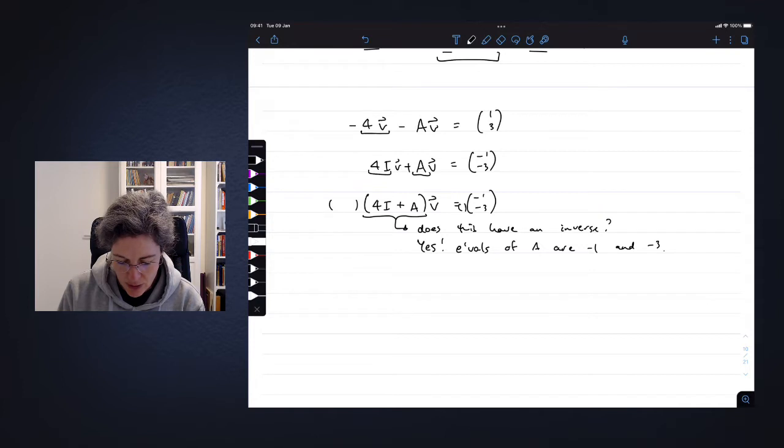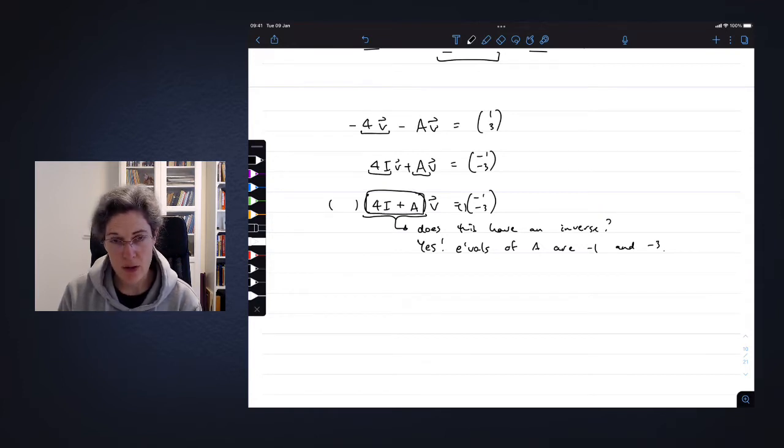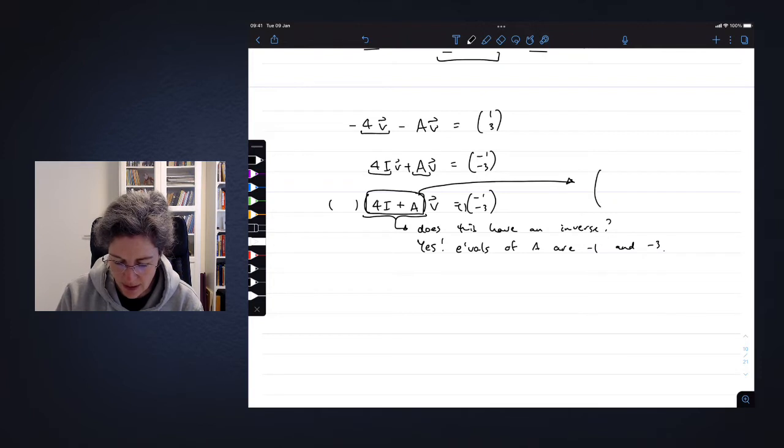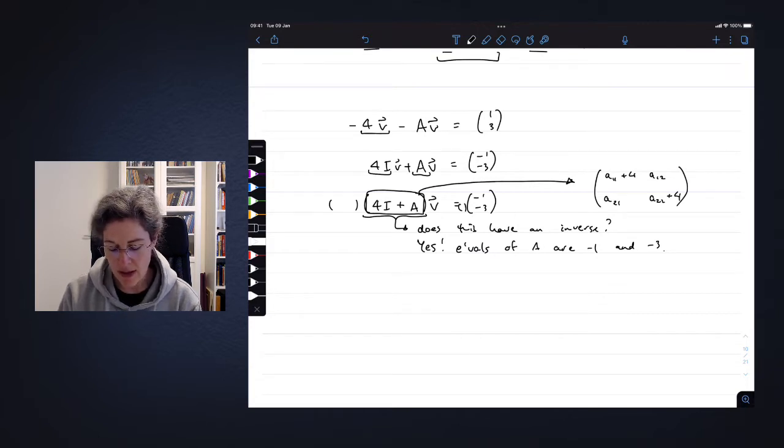So if we think about what it would mean for this not to have an inverse, this thing looks like a11 plus 4, a12, a21, a22 plus 4. And if this thing didn't have an inverse, that would mean that minus 4 would have to be an eigenvalue of that matrix.